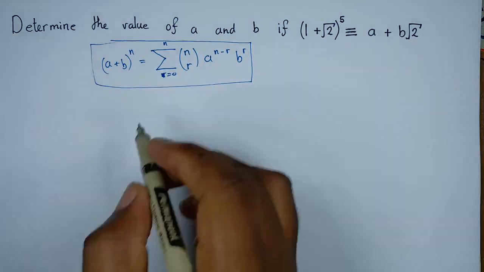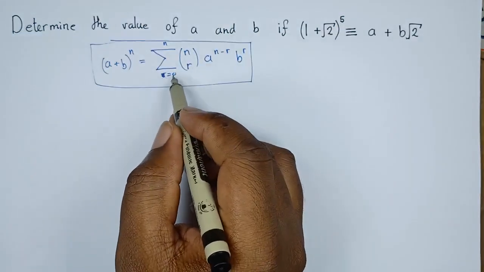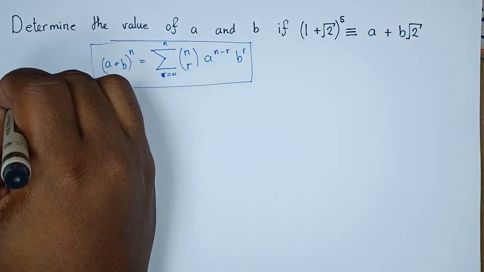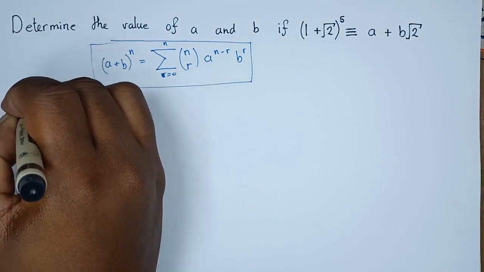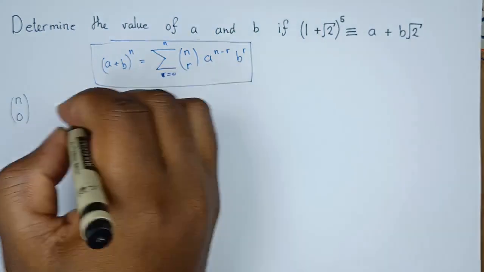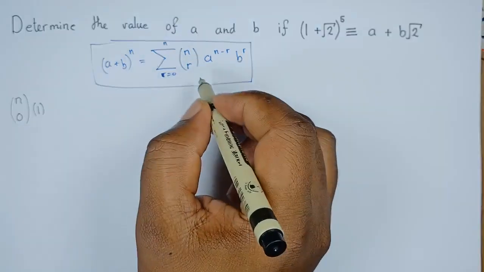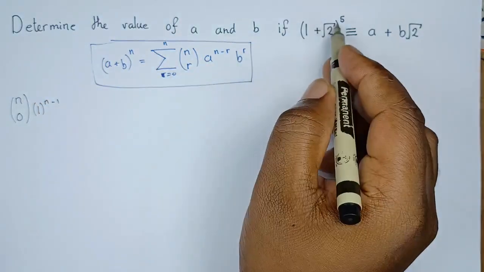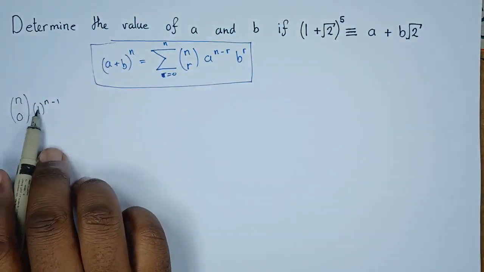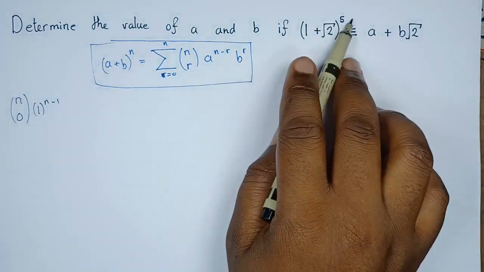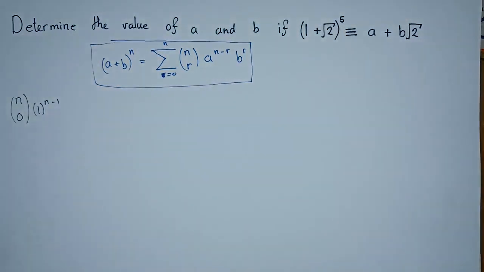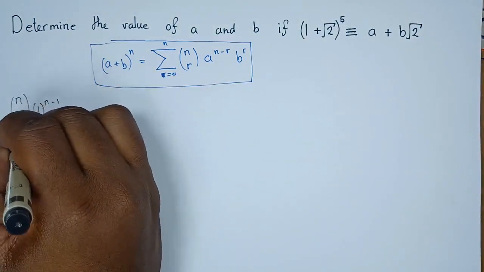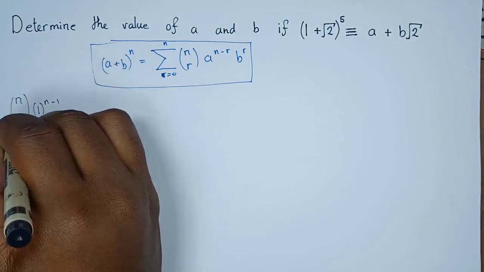The first combination, since we're starting from 0, is n combine 0, with the first term 1 raised to the power n minus 0. In this case, our n is 5, so we're supposed to use 5 instead. So we can say 5 combine 0.